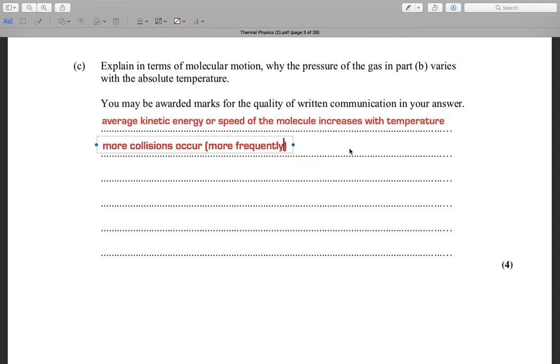Let's say more particles, sorry, hit per second.